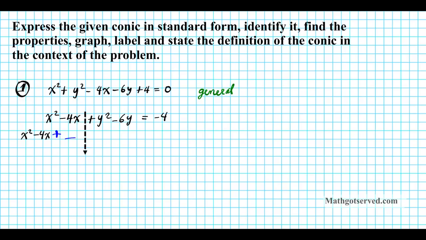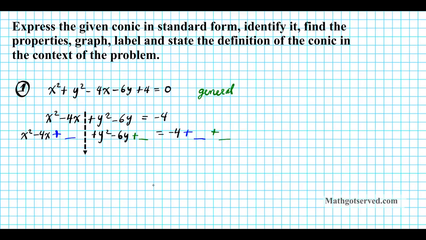And in the y world, we have y squared minus 6y plus a term that makes this a perfect square trinomial, equals -4. Now to compensate for what we added on the left side and preserve equality, we have to add that term we added to the x world and add that term we added to the y world on the right side of the equation.